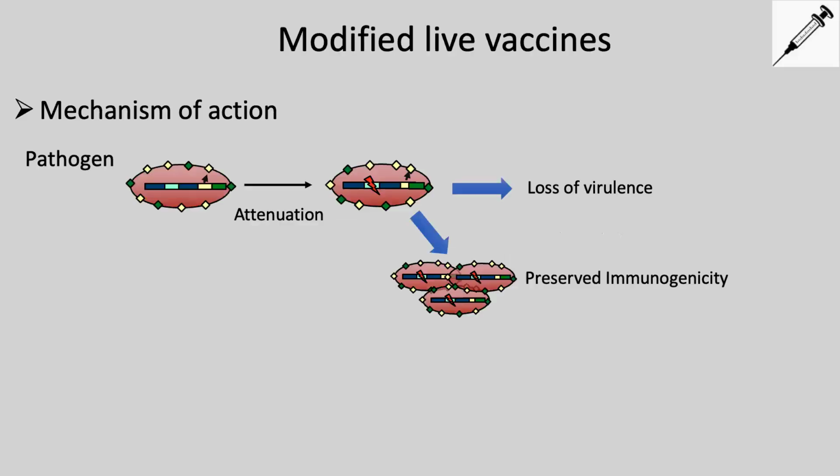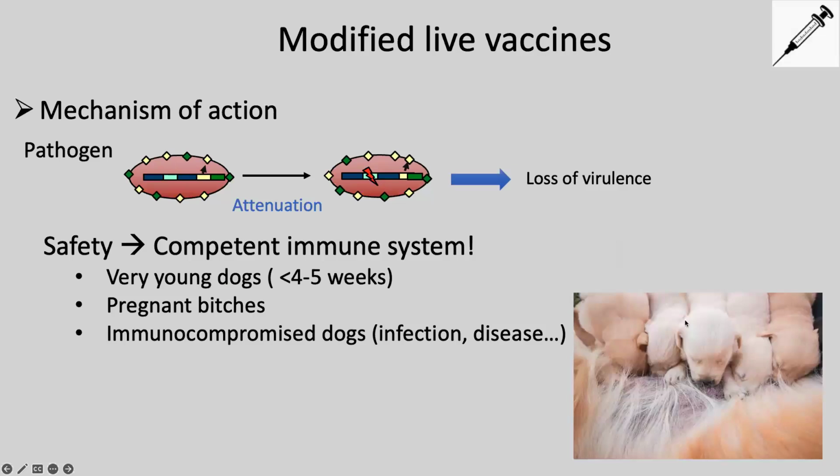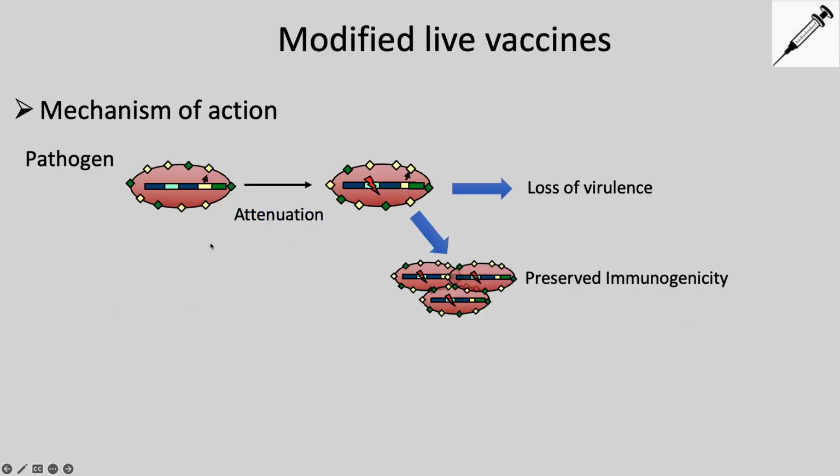So the first kind of vaccines are modified live vaccines. For these vaccines, the wild strain has been attenuated in vitro with different strategies, which means that it has lost its virulence, but it has kept its immunogenicity.